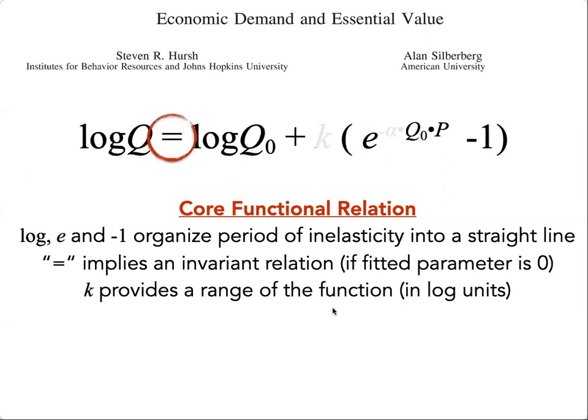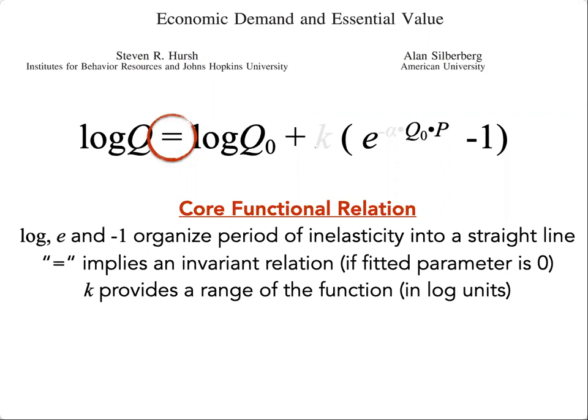I'll also say that that equal sign is important, and we often take this for granted when we look at equations, but the equal sign implies an invariant relationship. I say that because sometimes we lose sight of what the narrative story is that a quantitative model is trying to tell us.